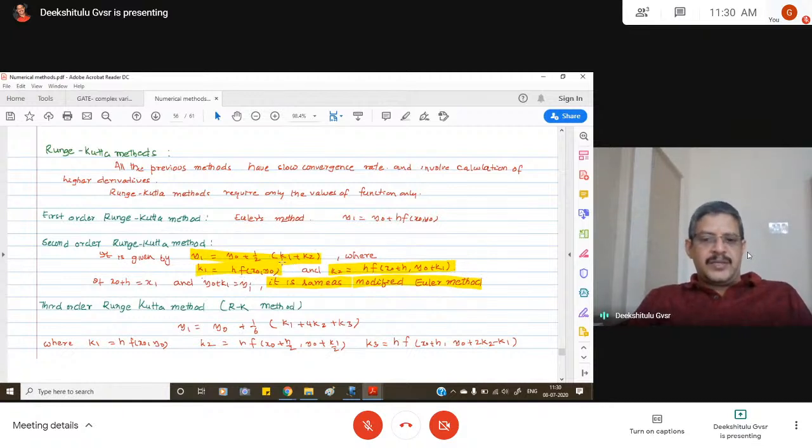It is Euler's term, the first term in Euler's method. And then we define k2, at the next point x0 plus h and y0 plus k1, and we take the average of those things. So that gives you a better approximation. So if x0 plus h is equal to x1 and y0 plus k1 is equal to y1, it is the same as modified Euler's method.